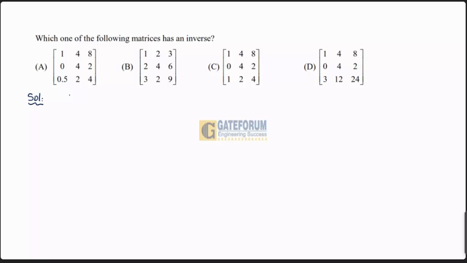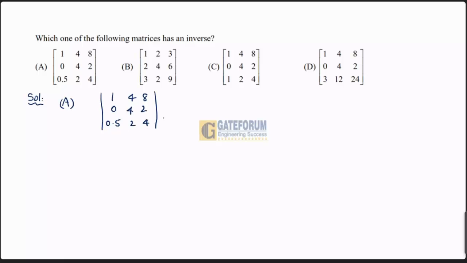If the determinant of a given matrix is not equal to 0, then only that matrix has an inverse. So in each option, find the determinant. Option A, determinant 1, 4, 8, 0, 4, 2, 0.5, 2, 4. Here R1, R3 are proportional.